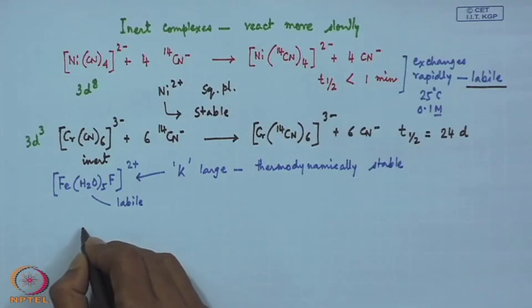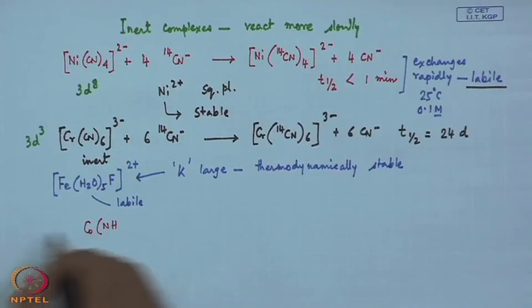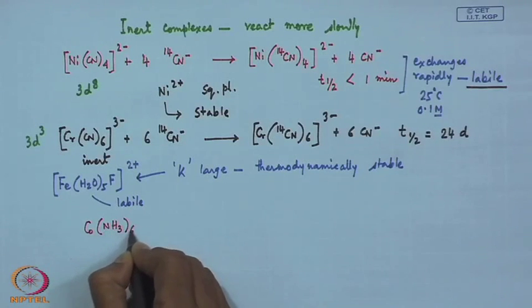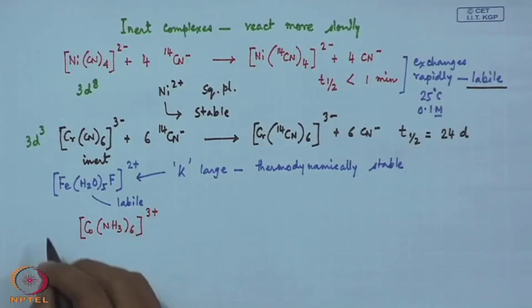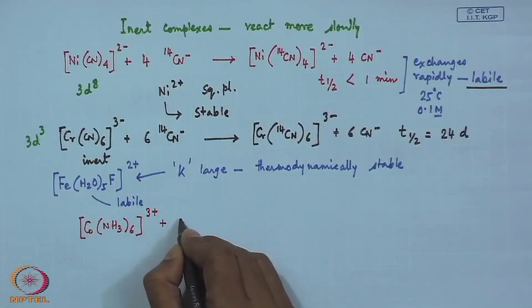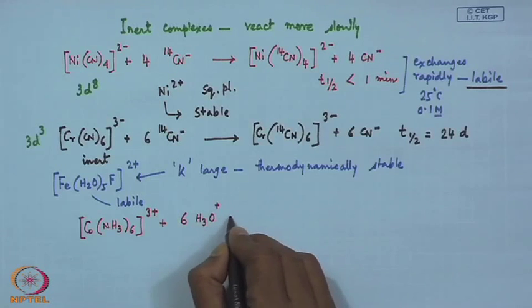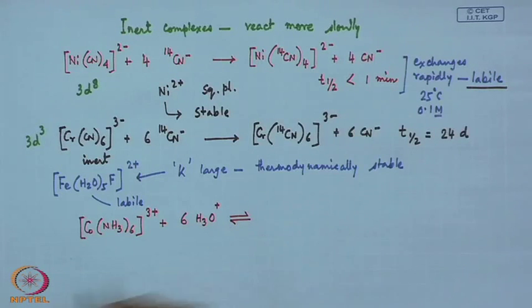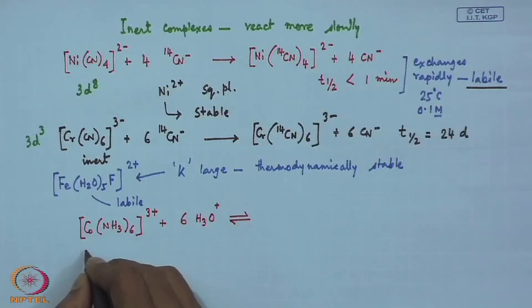So, what we just told you also, when we have the species hexaamine cobalt 3 plus, reacting with acid, which is the protonated one, H3O plus, this proton will go and bind with these ammonia molecules.